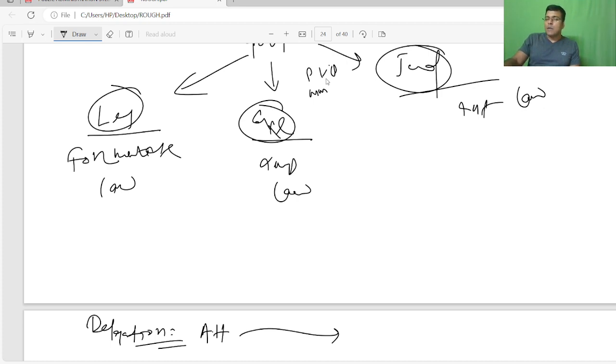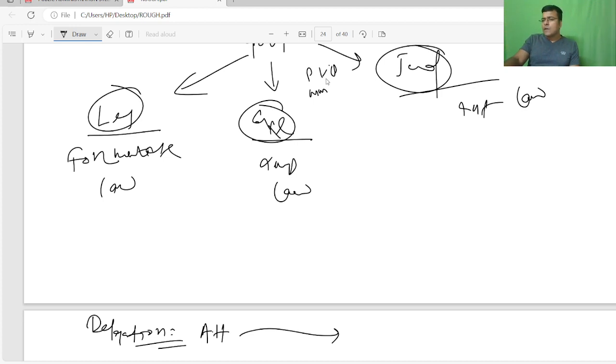Look, legislator means Parliament. Parliament, assembly, these are legislators. They legislate, they make law. Executive means who implements law, who implements policy. And Union executive, state executive.